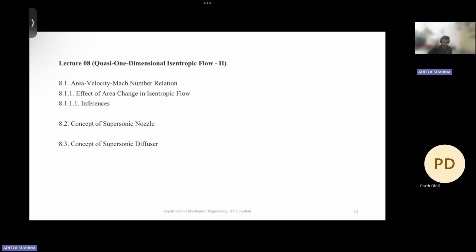Okay, so we can continue with the session. Lecture number 8, quasi-one-dimensional isentropic flow part 2. Here the area-velocity-Mach number relation has been introduced to us, and this is a very important relation as far as this whole topic of quasi one-dimensional flows is concerned.